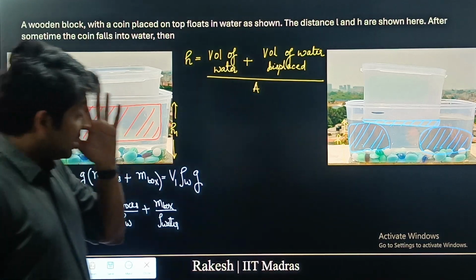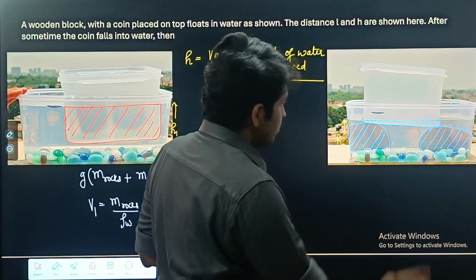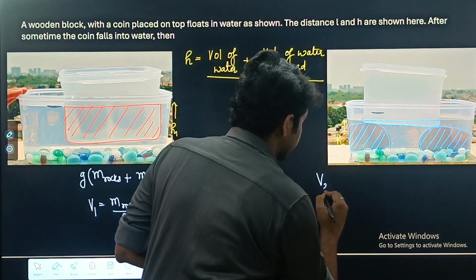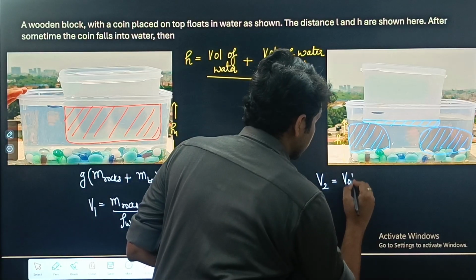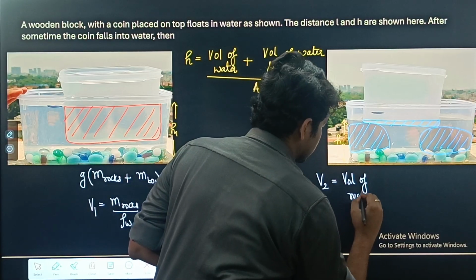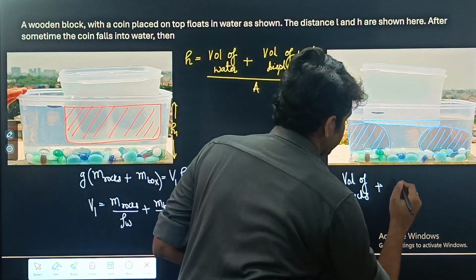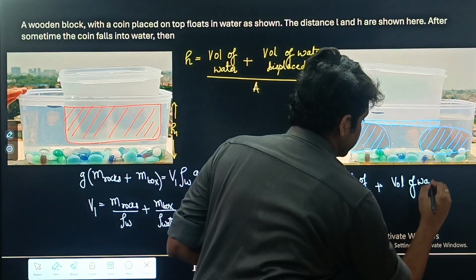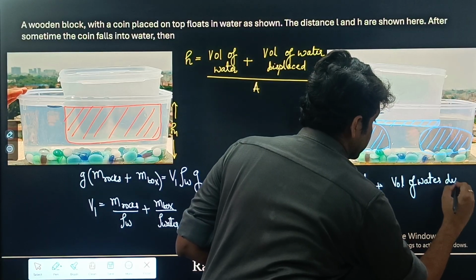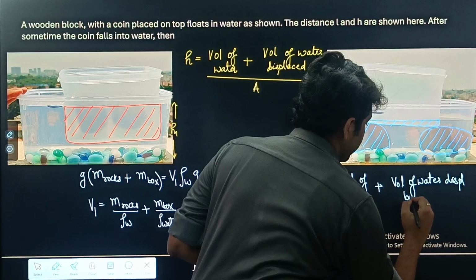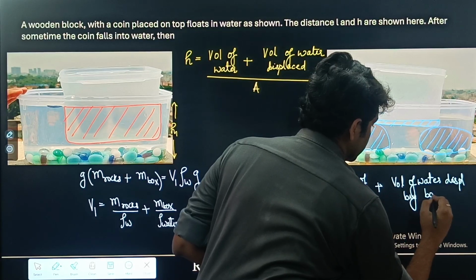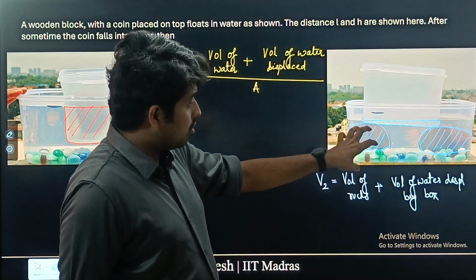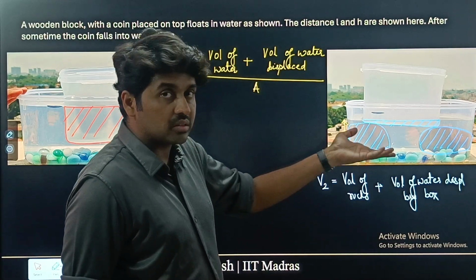Okay. In the next case, the volume displaced is this plus this. So this V2 is volume of rocks plus volume of water displaced by the box. See, because the rocks are inside, how much volume is there inside, that much water is displaced.